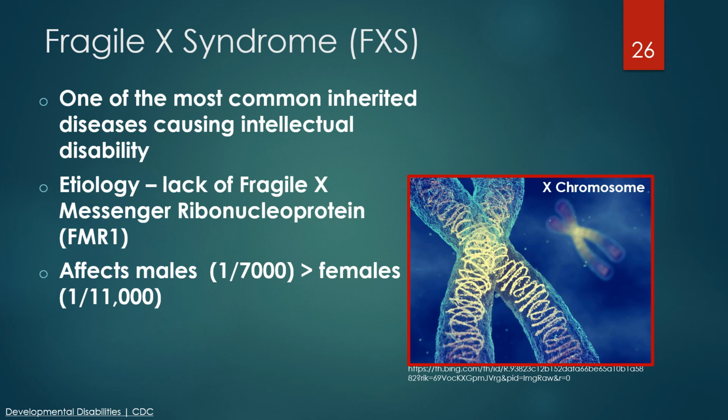People who have FXS do not make this protein, resulting in intellectual disability symptoms. FXS affects both males and females, though females generally have milder symptoms than males. Studies estimate that 1 in 7,000 males and 1 in 11,000 females have FXS.